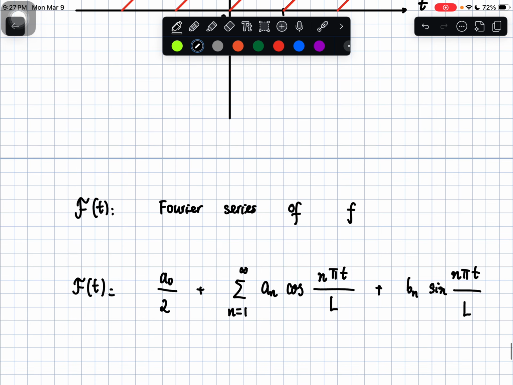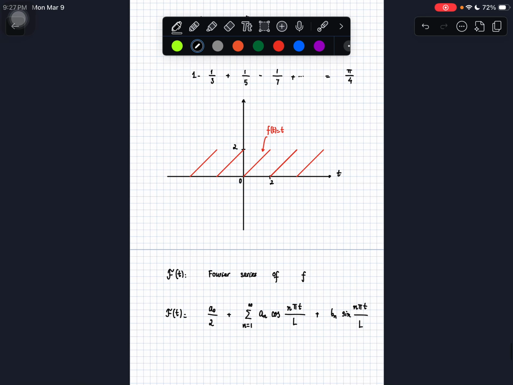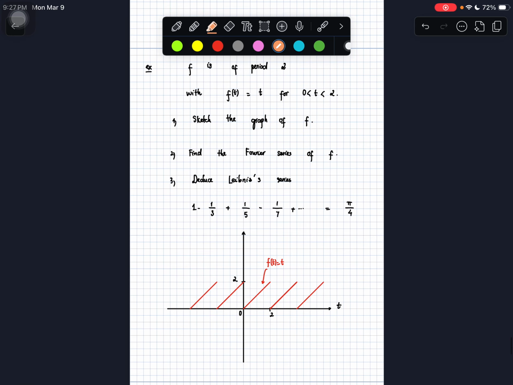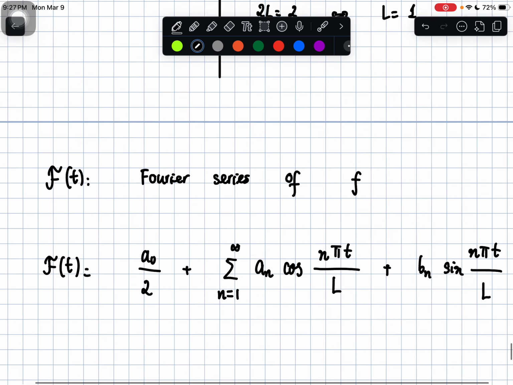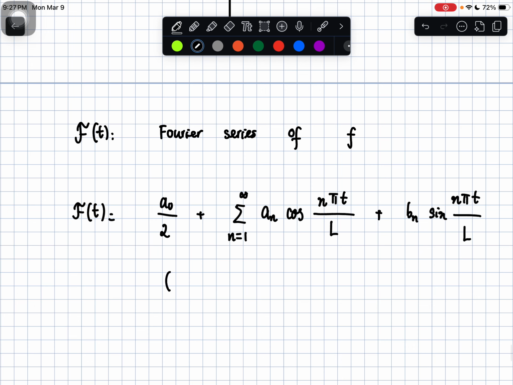Here l is half of the period, and the period is 2, so 2l is 2, or l is 1. In our case, l equals 1.